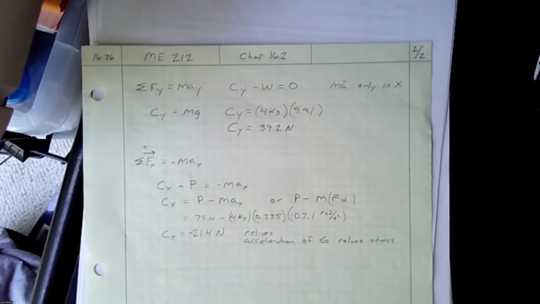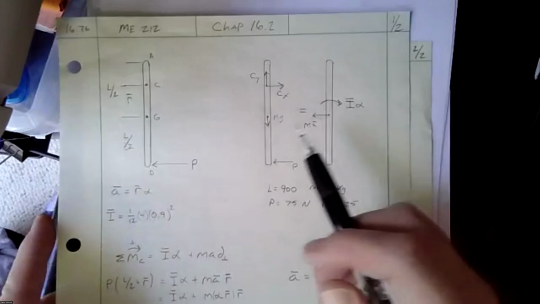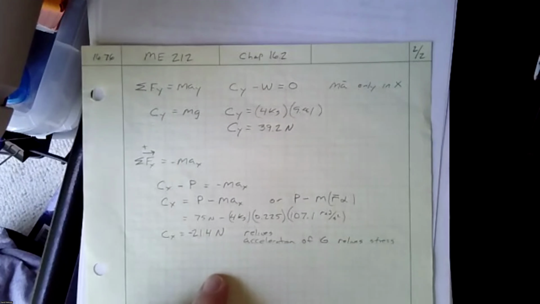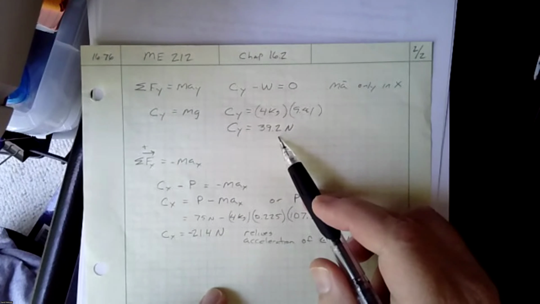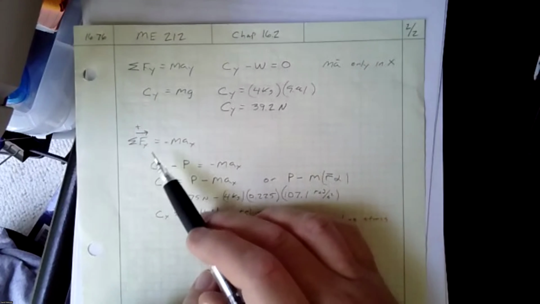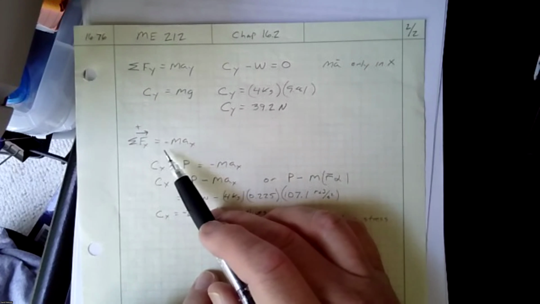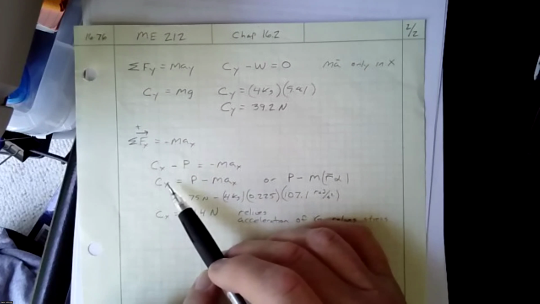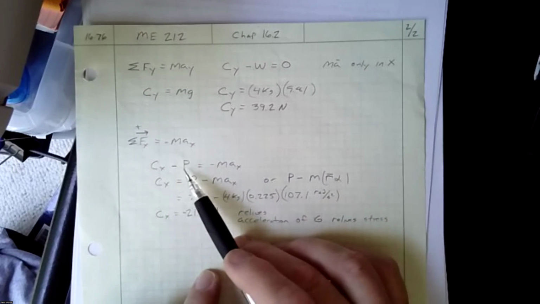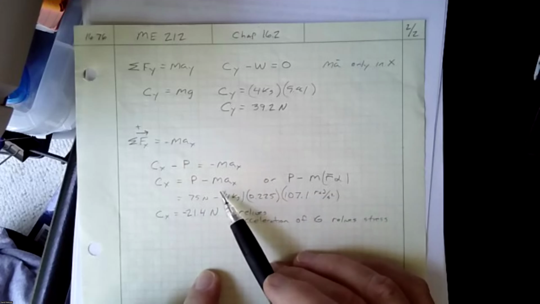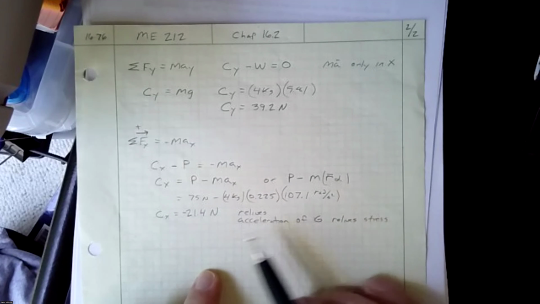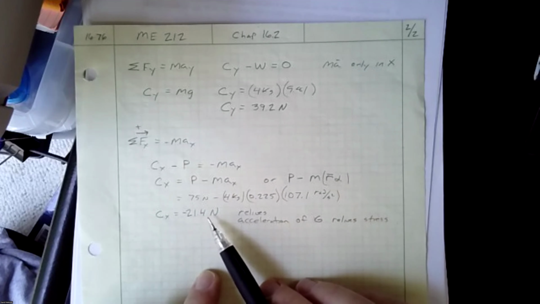Because remember that our acceleration was all in the x, so we didn't have a y acceleration. So that just becomes what it would be static, 39.2. And then we sum the forces to the right in the x equals minus m a x. I did this just for sign convention, but we get Cx minus P equals minus m a x. The only trick here is remembering to put in R alpha for your acceleration. We solve it, we get negative 21.4 Newtons.